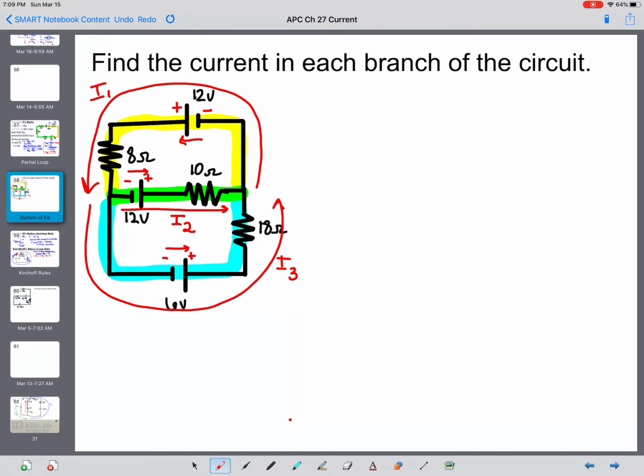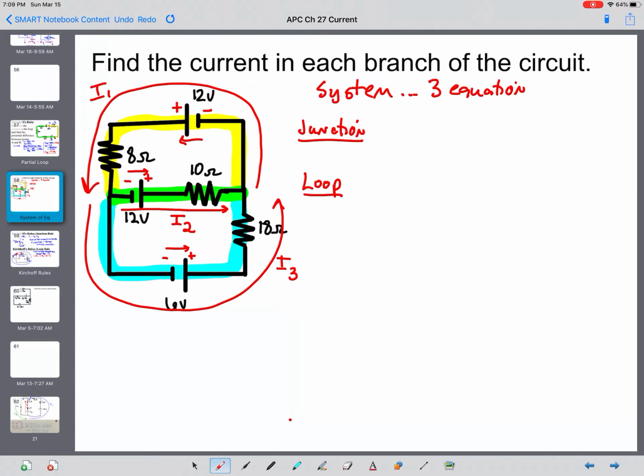Now, we have 3 unknowns, I1, I2, and I3. So that means we're going to need a system of equations, and we need 3 equations. One of those equations is going to come from the junction rule, and 2 of them are going to come from the loop rule.